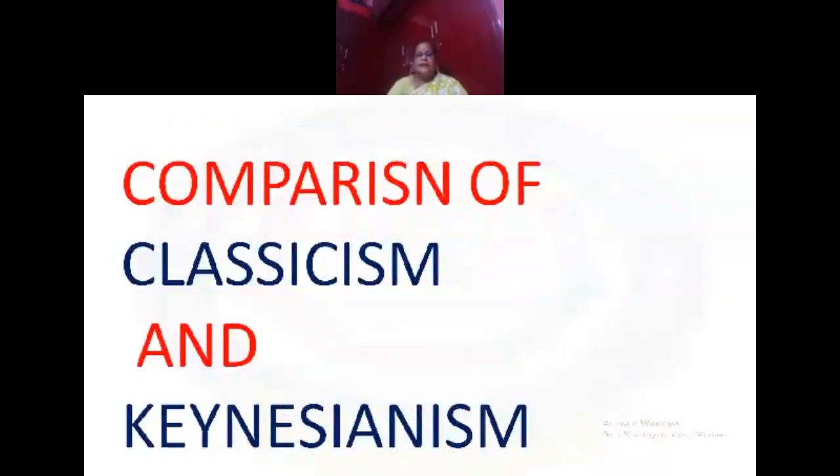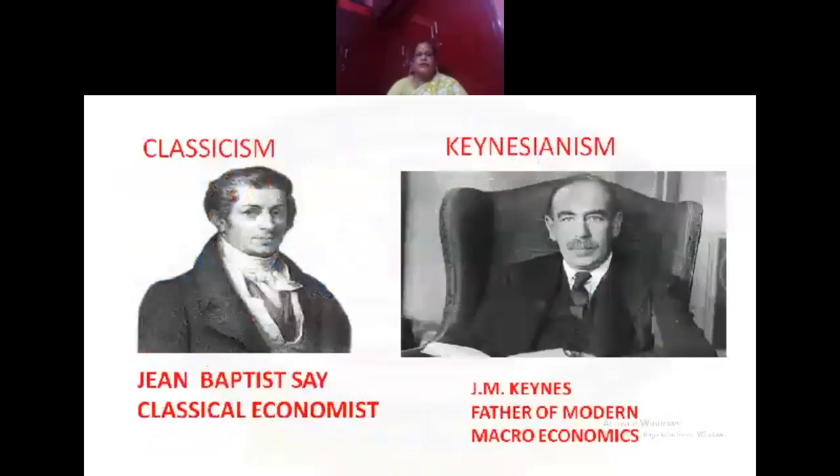Let us see the comparison of classism and Keynesianism. Before going to the classism, as I said, and I have told you about classism, J.B. Say is very important, and the Keynesianism, J.M. Keynes is very important.